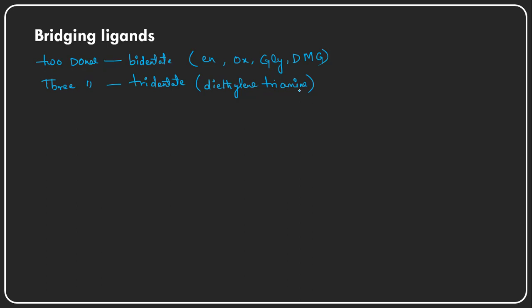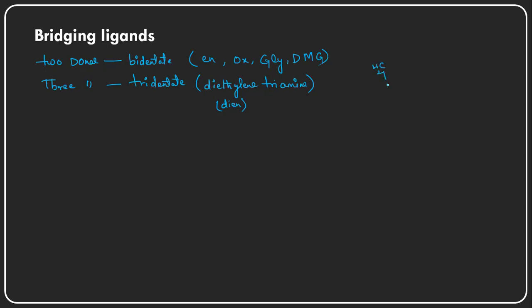Three amine groups are there, but it is an unsymmetrical diethylene triamine molecule, which is represented as dien.